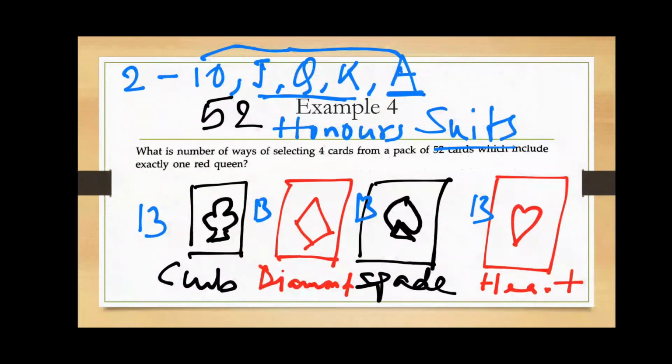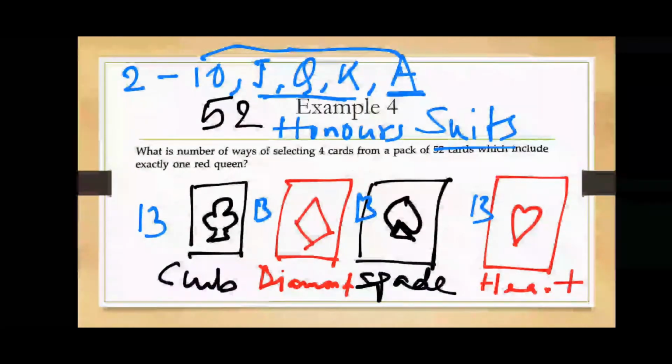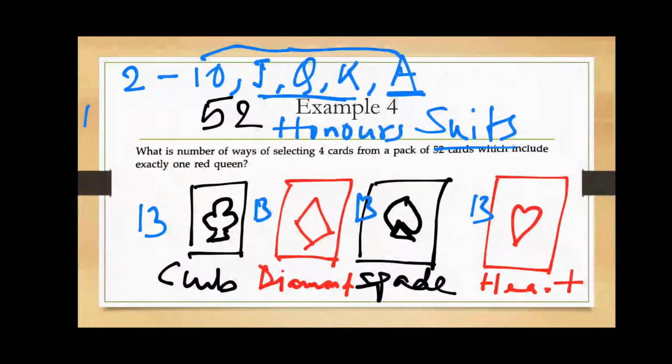Obviously, there are several different games of cards. In different games, each of these cards has different values, but in most of the games, the cards starting from 10, J, Q, K, and A are called honors cards. This word honors is basically used when you are playing a game of bridge.